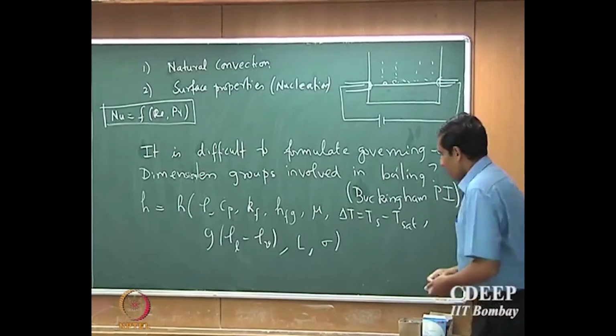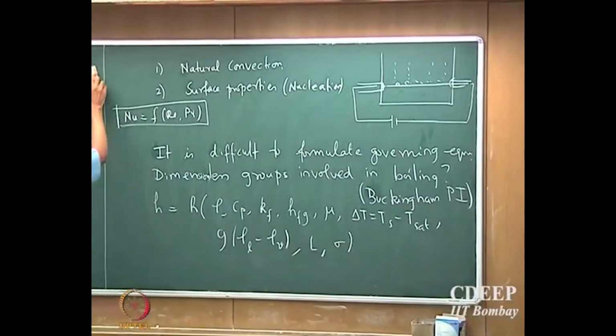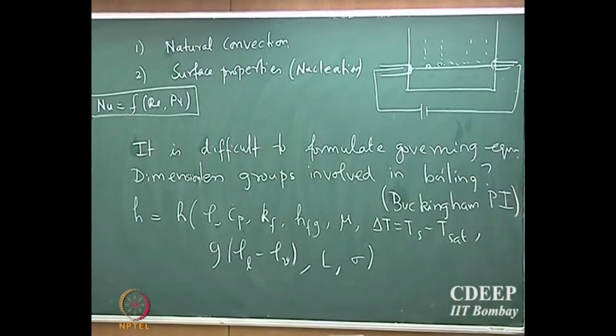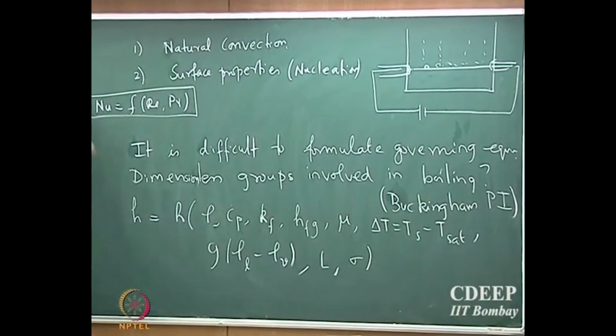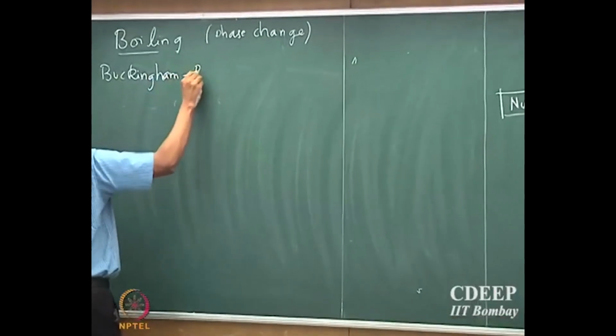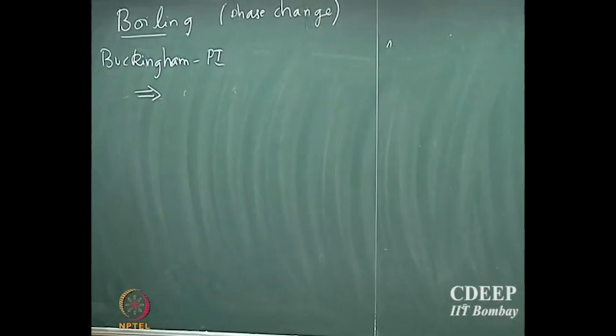Alright, so I won't go into the details of Buckingham pi because that has been covered in your fluid mechanics class. If you use the Buckingham pi theorem, you will get 5 dimensionless groups.